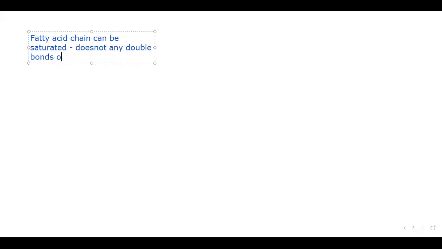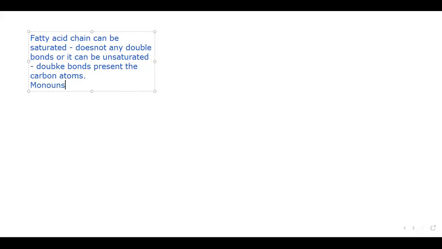So it does not have any double bonds, or on the other hand it can be unsaturated, in which case it's going to have double bonds present between the carbon atoms. If a molecule has only one double bond, we call it monounsaturated. Monounsaturated means that this particular fatty acid has only one double bond.